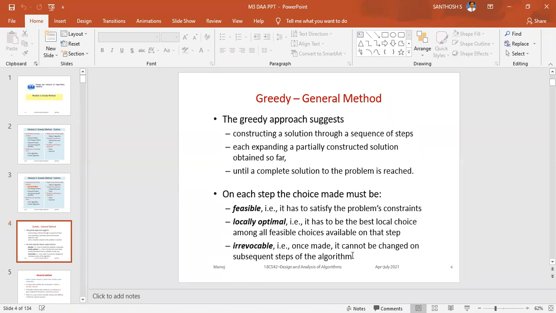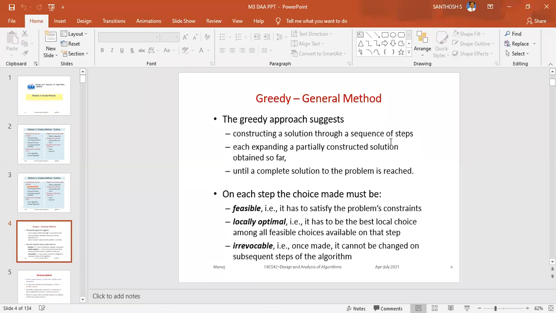So what does the greedy method suggest? First, construct the solution through a sequence of steps. Second, expand the partially constructed solution obtained so far, and keep expanding until a complete solution is reached.